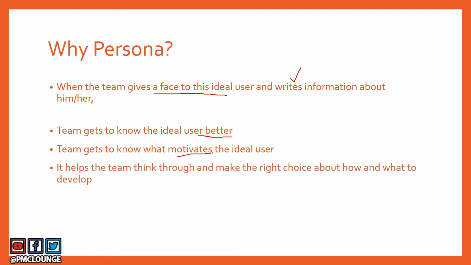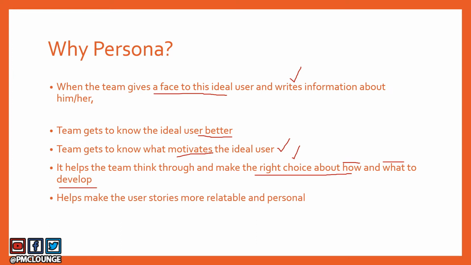It also helps the team to think through and make the right choice about how and what to develop, because when you know what motivates the ideal user, how the user uses the product, or when the user actually uses the product, the team will eventually make the right choices about how they want to develop the product and what they exactly want to develop as well.